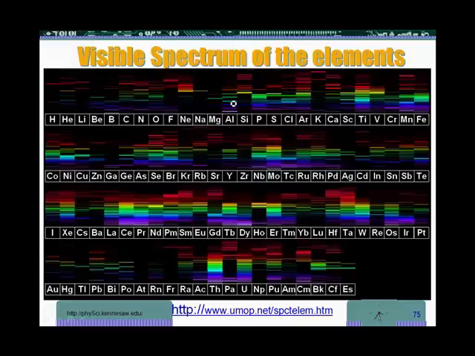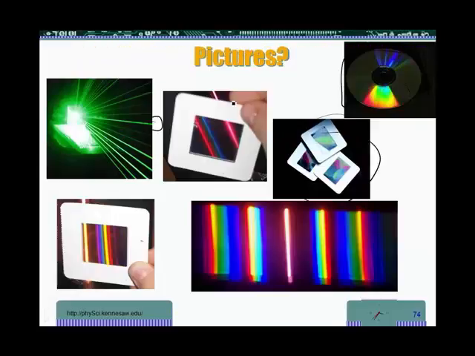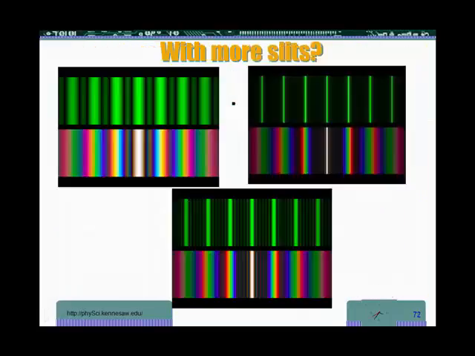Now, a grating works very well in separating light colors, because if we go back to this screen, the central maximum is going to be the sum of all colors. But then the blue light is going to have its maximum closer to the central maximum.